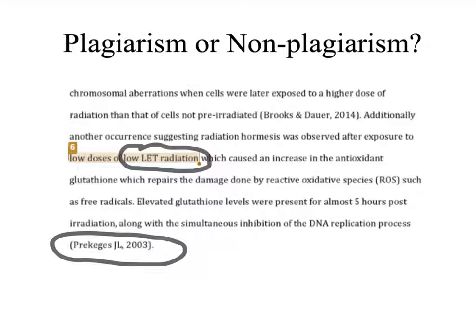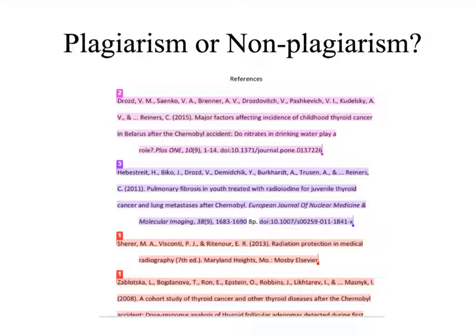Let's go to the next example, and actually our last example for this instructional video. So in this last example, I just wanted to bring up that your reference page will most likely be highlighted, and all or most of your sources will be highlighted in Turnitin Reports.